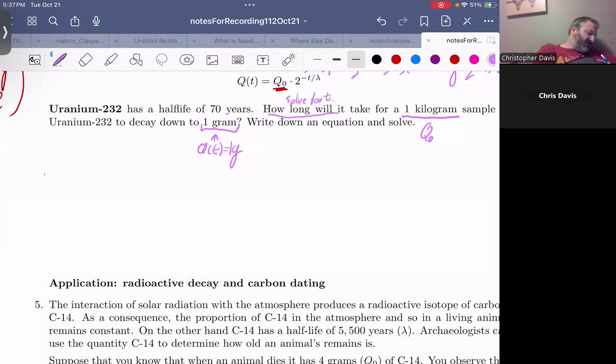I'm going to take 1 gram and set that equal to 1 kilogram times 2 to the negative T divided by the half-life. Now what's the half-life? The half-life is 70 years. Cool. Let's carry on with that.